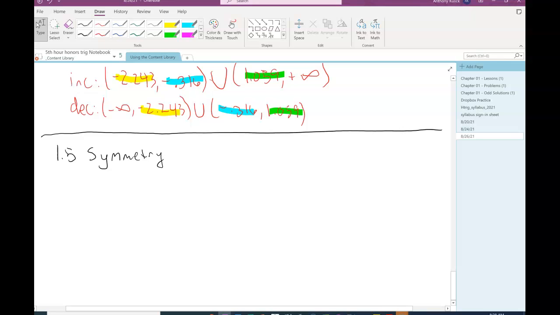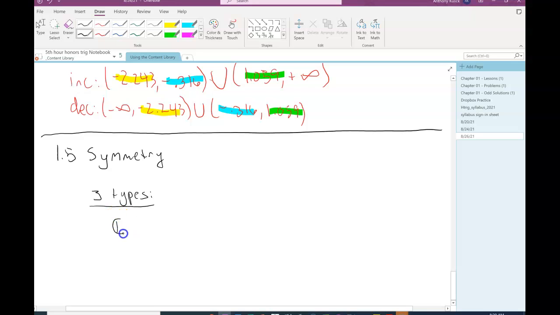Symmetry is also another descriptor for functions. So we can describe a function as having this symmetry or that symmetry. We're going to look at three major types of symmetry today. There are others, but these are the major ones, and I wouldn't expect us to worry about anything that we don't talk about today.